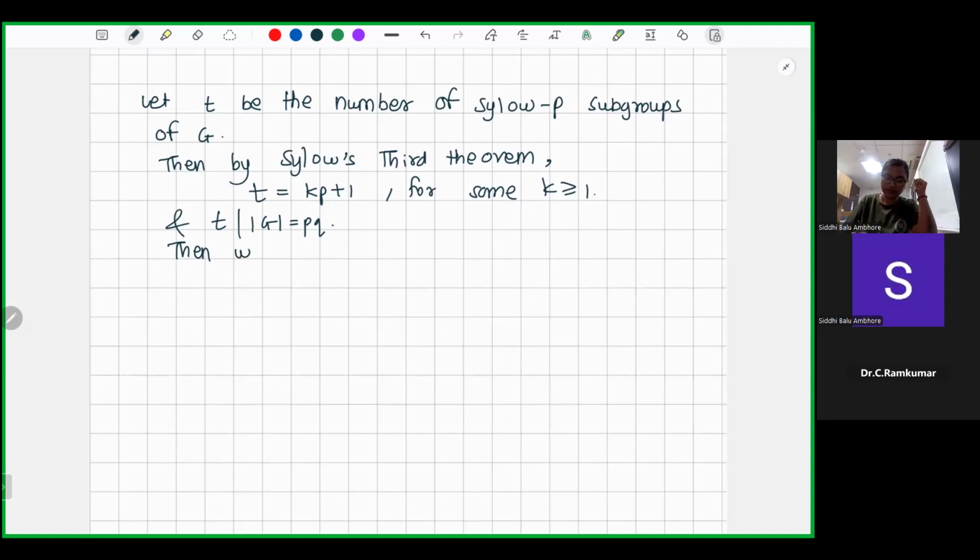Then we can conclude that Kp plus 1 divides PQ.